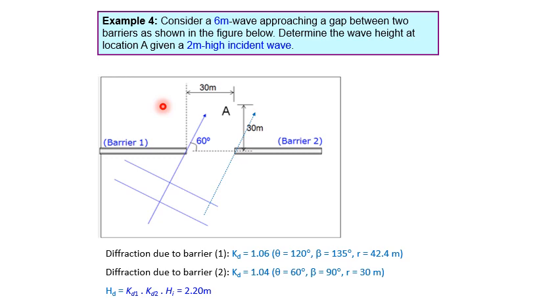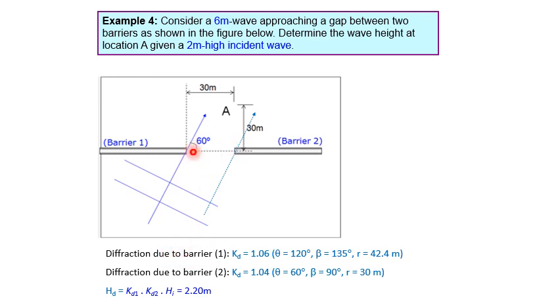What we need to do is that we are going to find the diffraction coefficient due to barrier 1. The incoming wave is oriented at 120 degrees away from barrier 1. Point A is oriented at 135 degrees away from barrier 1. So the diffraction coefficient, as we have just solved in the previous problem, is 1.06 due to barrier 1.